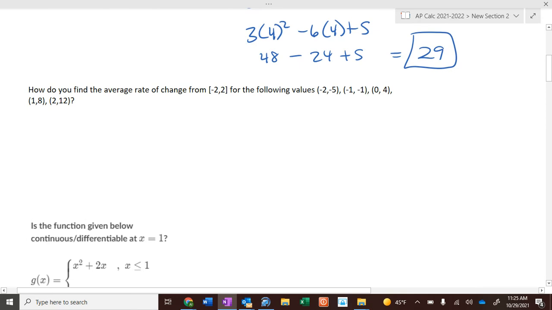How do you find the average rate of change from -2 to 2 for the following values? It's in a table.